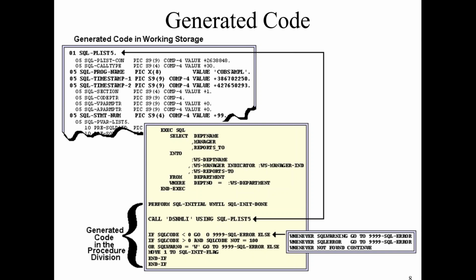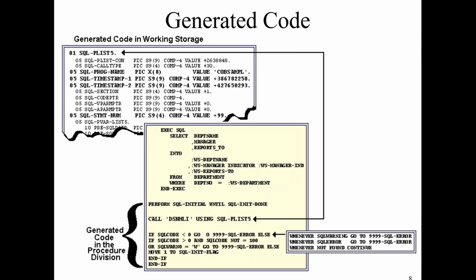If you look at that modified source, you'll see the SQL actually commented out, and it will translate it into calls to this module called DSN-HLI. DSN-HLI is actually a routine supplied by DB2, by IBM, and that's where it's actually going to do the result of this SQL.